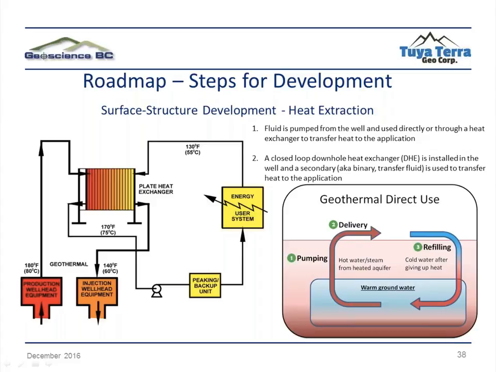Or you could be using a closed-loop downhole heat exchanger. You're drilling a well, but then you're installing the heat exchanger within the well, and a fluid is running through that heat exchanger, and that is where the heat is being transferred into the fluid that's circulating within that equipment component. And that's what is actually used to transfer the heat to the final end-use application.